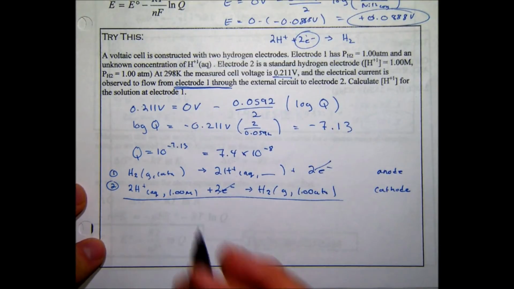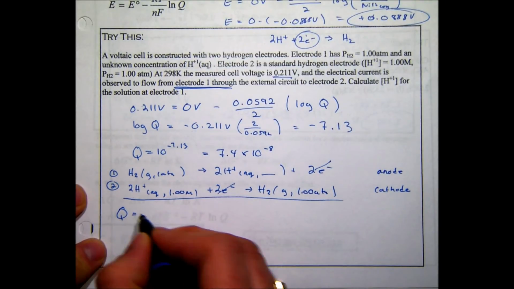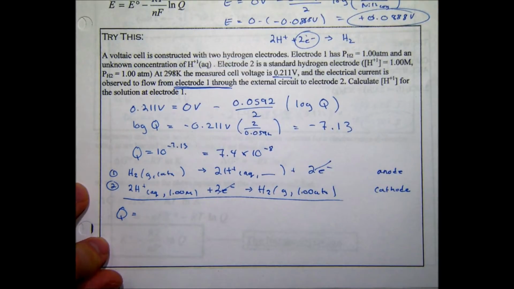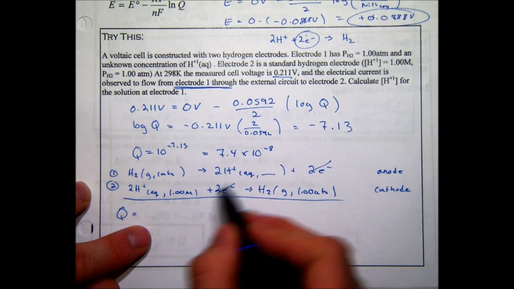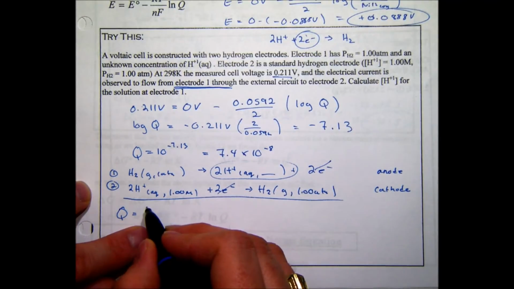So when we do the Q for this, we're going to have products over reactants. The first product that we're going to have is this.